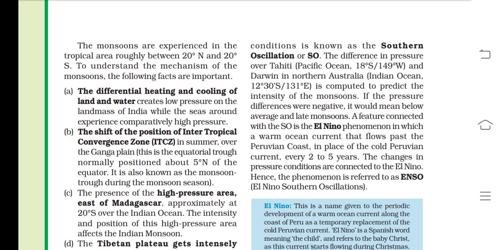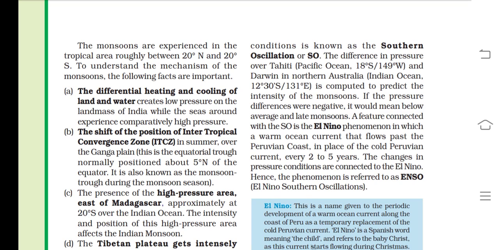A feature connected with the SO, the Southern Oscillation, is the El Nino phenomenon, in which a warm ocean current flows past the Peruvian coast in place of the cold Peruvian current every 2 to 5 years. The Southern Oscillation was the difference in the pressure conditions.